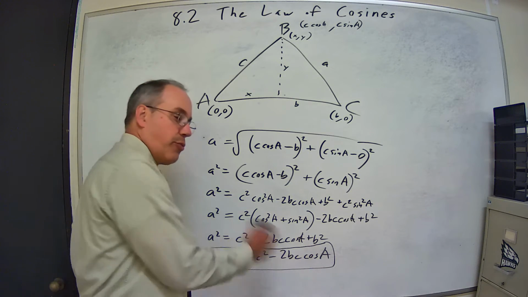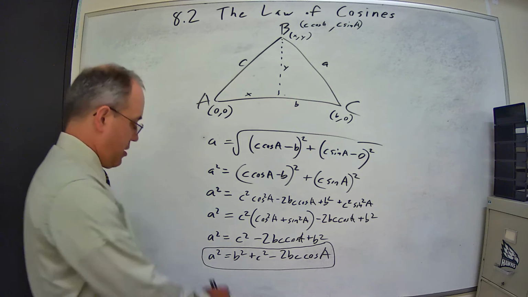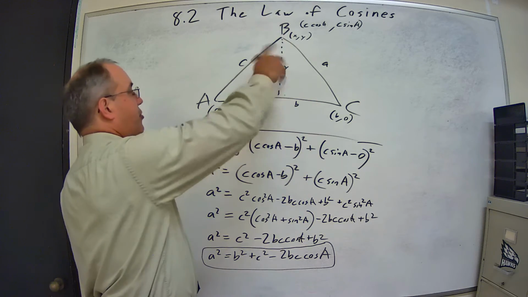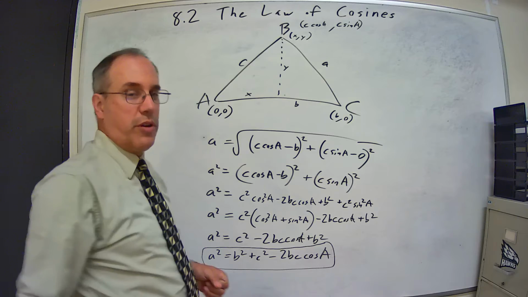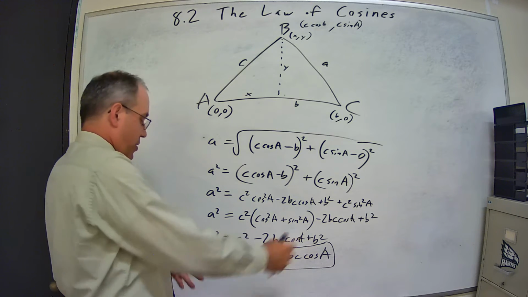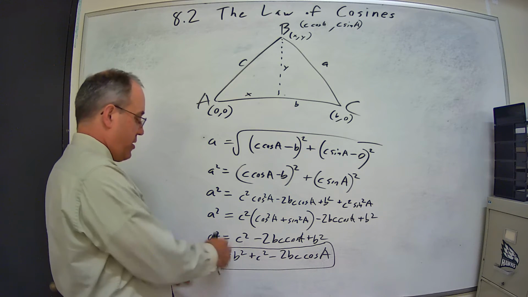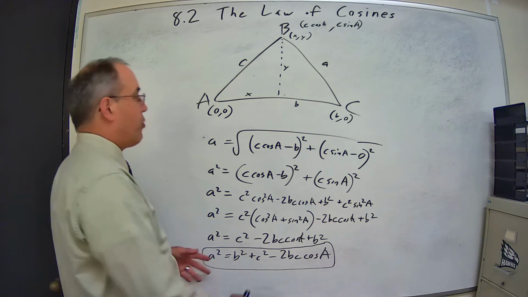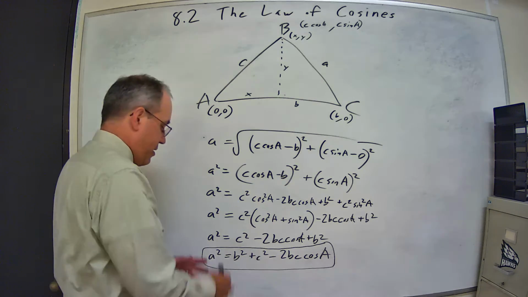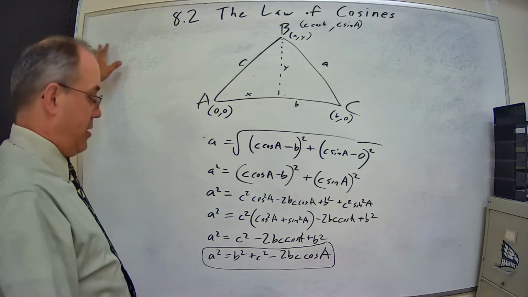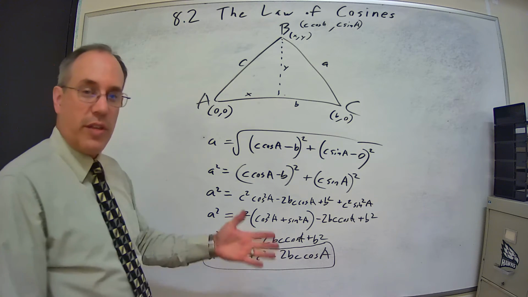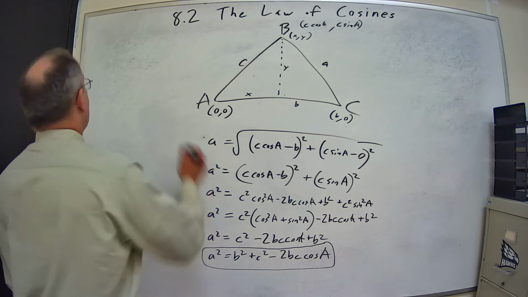Now, as I showed with the law of sines, if I shift this around so that now B is here and I make C in relation to it, then I can come up with B squared is equal to an equivalent. And then if I shift it again, I can come out with c squared is equal to. So I'm going to go over here and write the 3 equivalent statements.